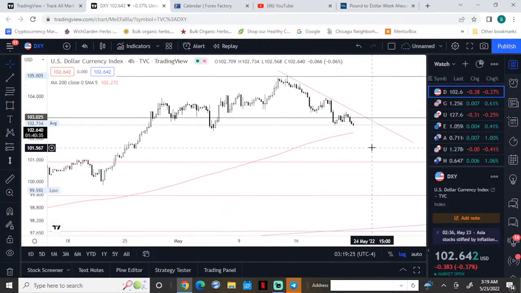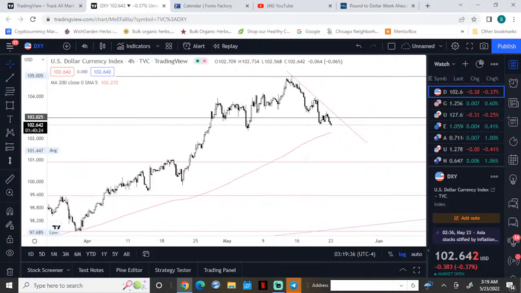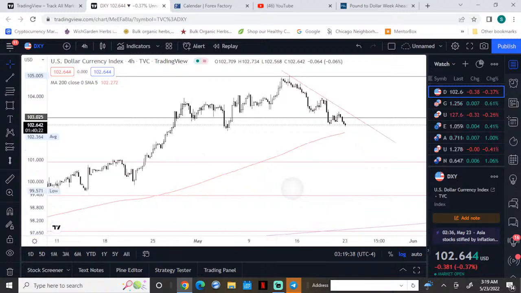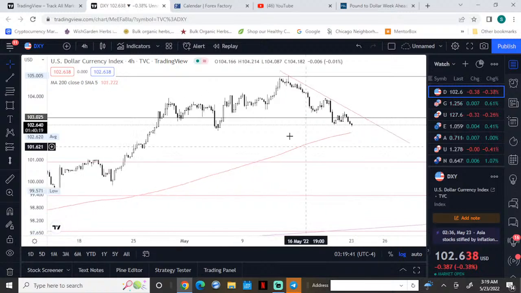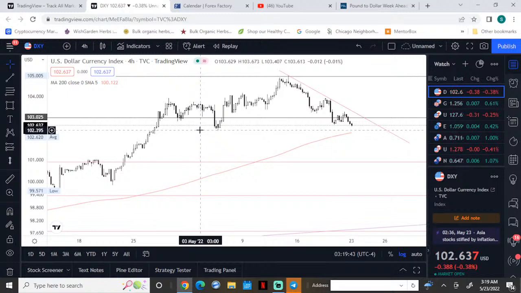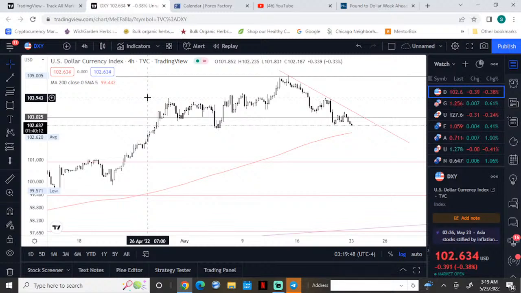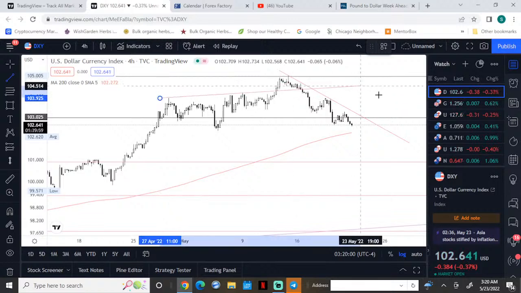Now when I come down on the 4-hour, I do believe I do want to mark this as a zone, even though it currently only be 1 touch. And I'll mark this up here too. That's 3 touches right there. I'm gonna do there. I'll mark it right here.